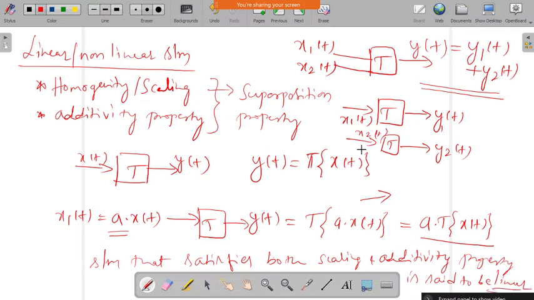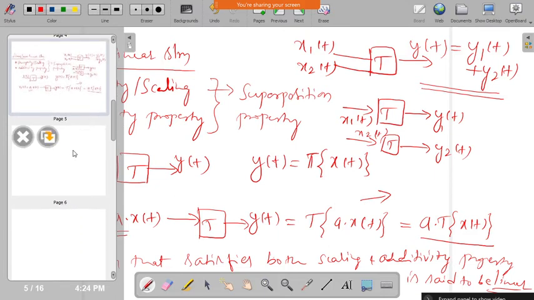So that is the linear system. If any one of these properties doesn't hold, then we call the system non-linear. So that is linear and non-linear systems.